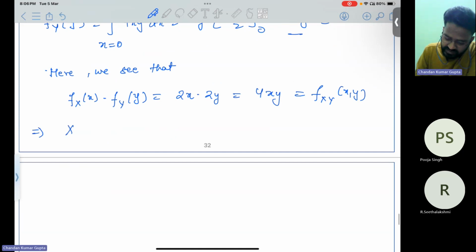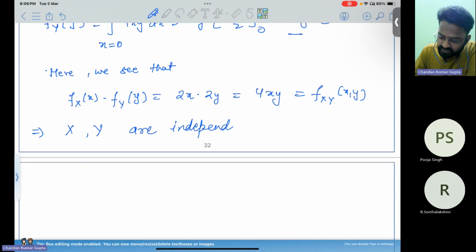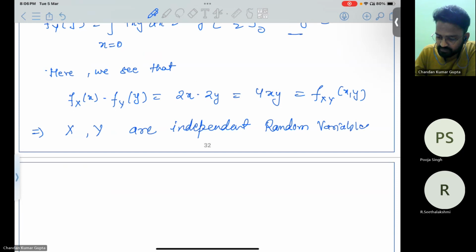This implies x and y are independent random variables. That means the covariance between these two comes out to be 0.